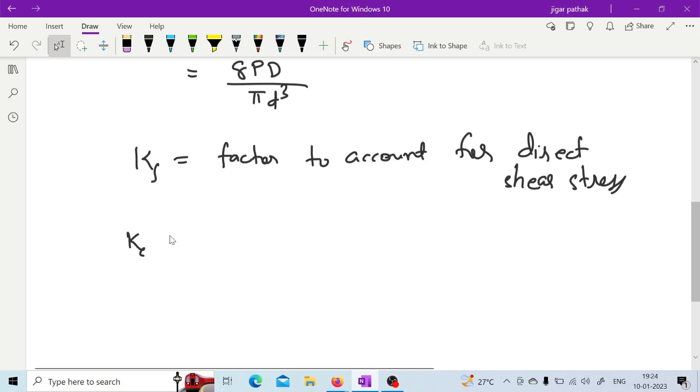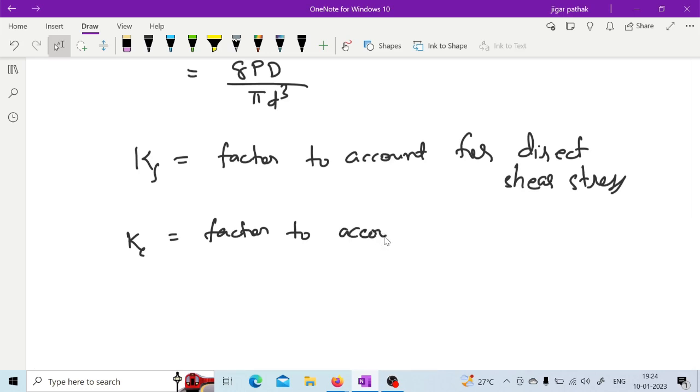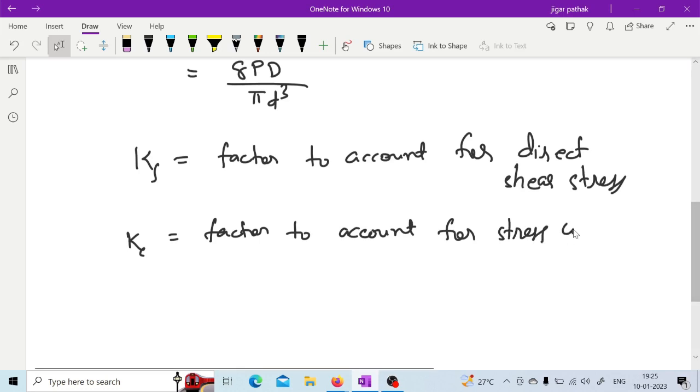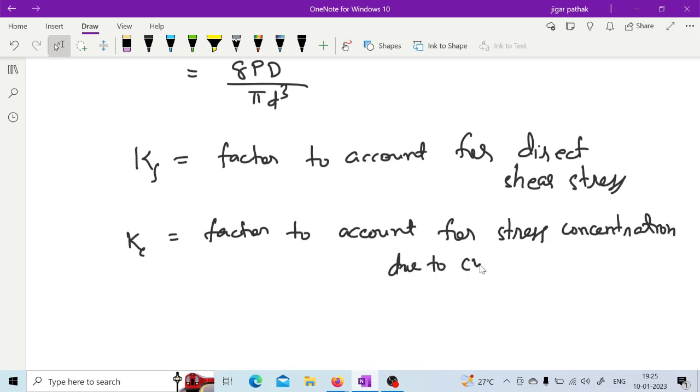Similarly, this Kc is the factor to account for stress concentration due to curvature effect. So by considering both these effects, you can define one more constant, let us say K, which is nothing but this Ks into Kc, right?